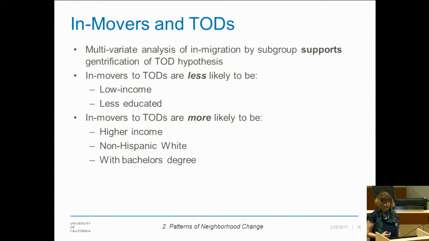In terms of these in-movers, when we did a regression analysis, we found that they are less likely to be low income and less educated, and more likely to be higher income, non-Hispanic white, and have bachelor's degrees. In other words, it looks like what we understand as gentrification and exclusionary displacement are taking place around transit stations.